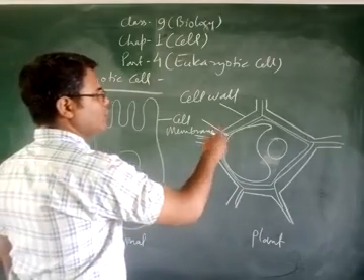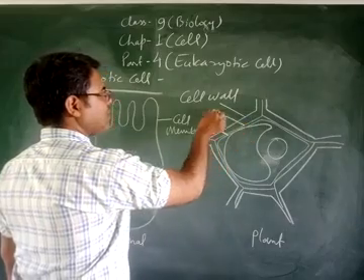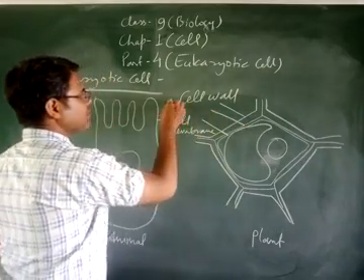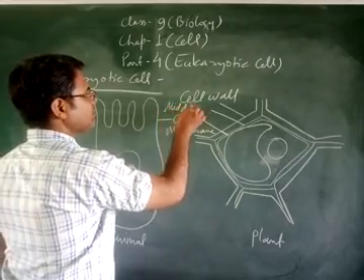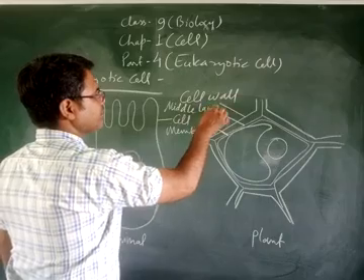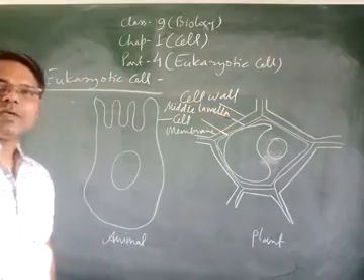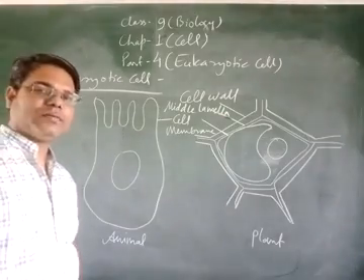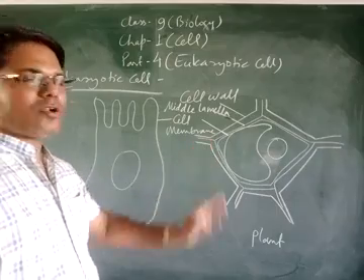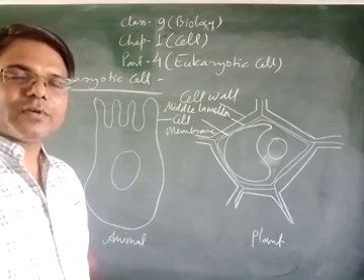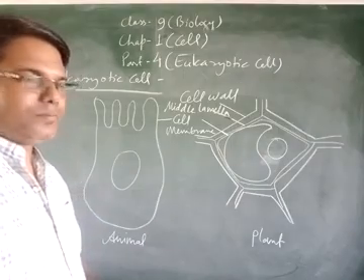And in between the cell wall and cell membrane, the middle lamella is present. The middle lamella is present in the structure of the plant cell, which is responsible for the differentiation of the cell membrane and cell wall.